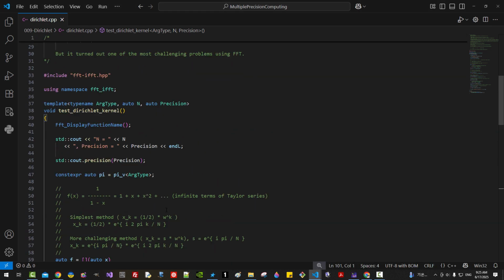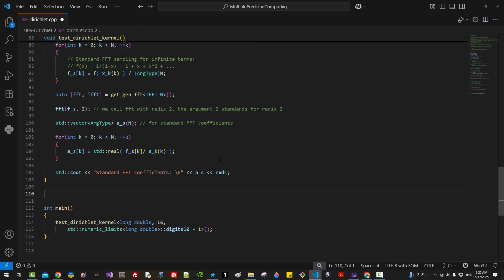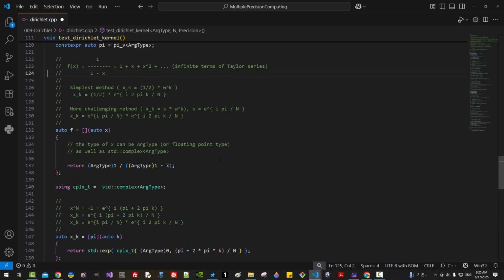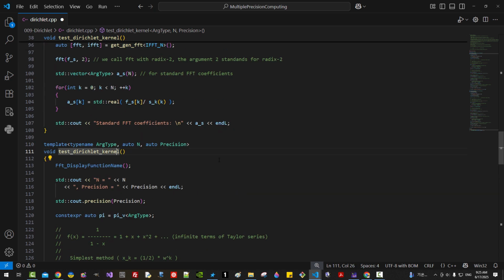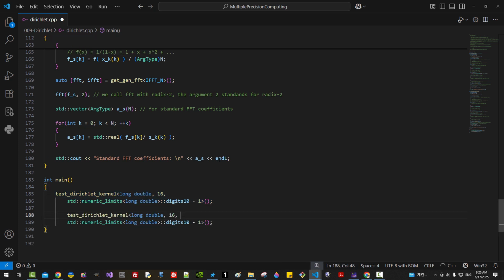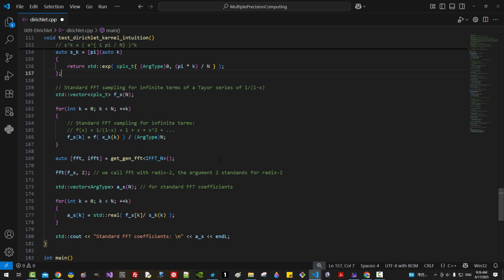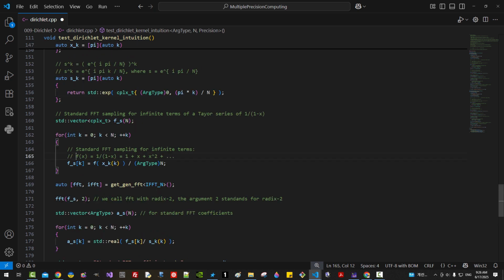Here, I will copy it up to this point, paste, then scroll up: Dirichlet Kernel Intuition. Then in this function, paste it here. Now the function name is Intuition. Here, I will make changes in this part.